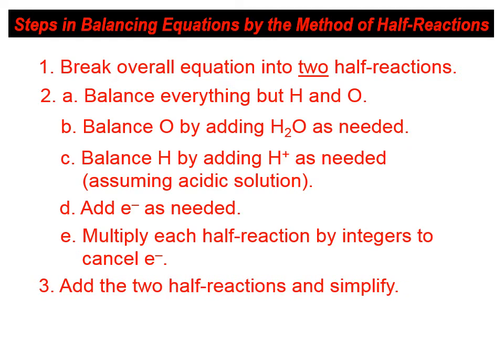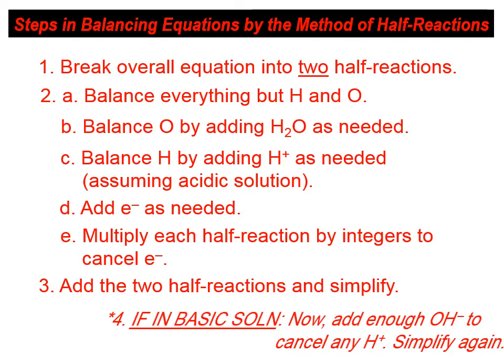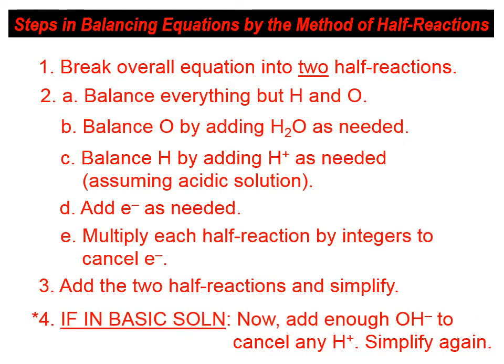At this point, we would simply then add the two half reactions and simplify if we need to. In the case where we have a basic solution, we would then add enough hydroxide ion to cancel any hydrogen ion that's there, and then we would simplify again.